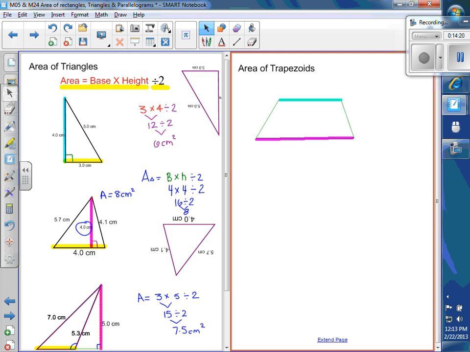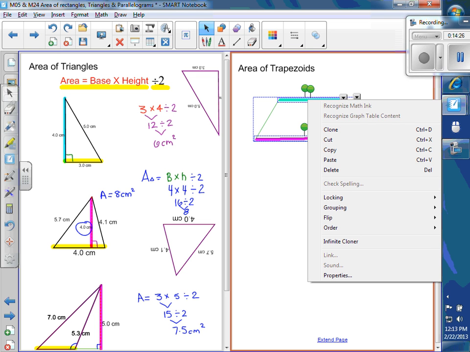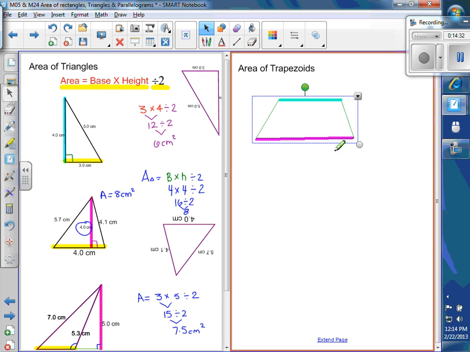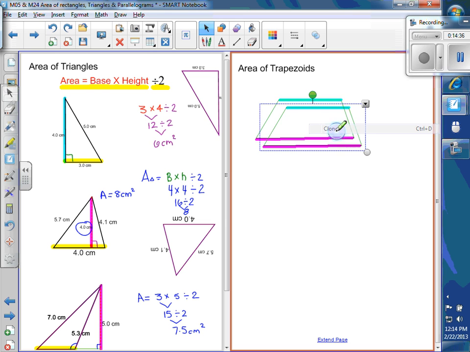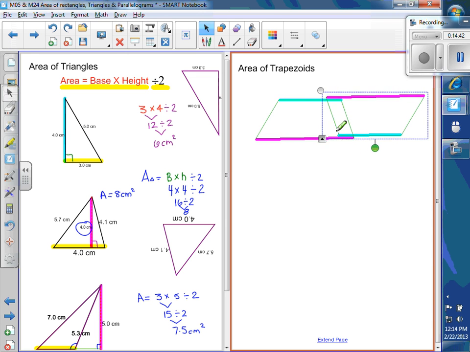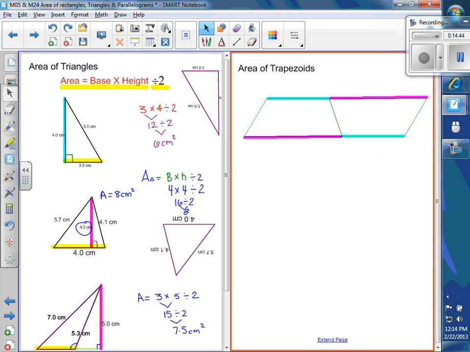If I copy this trapezoid, and I rotate it, I can piece that trapezoid together with the original to make a parallelogram.